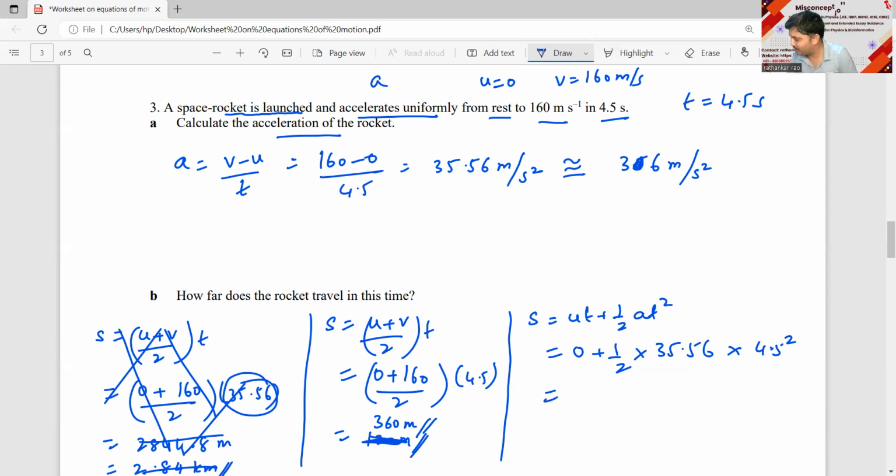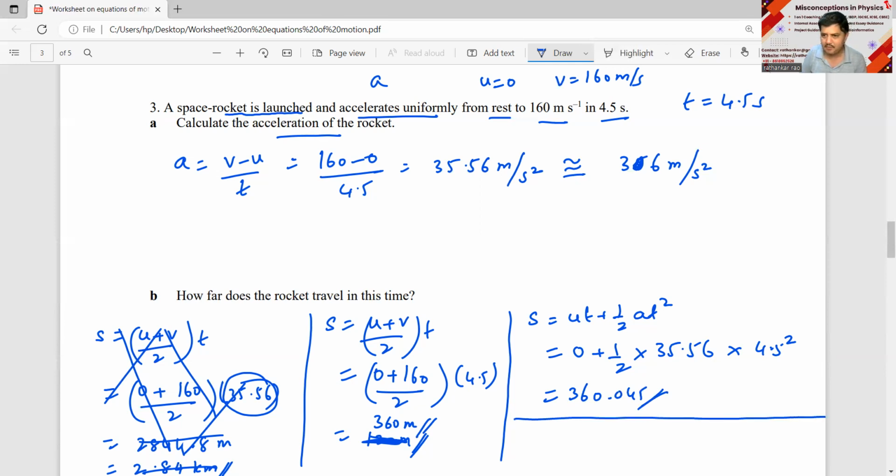So this should now be equal to 35.56 multiplied by 4.5 multiplied by 4.5 square divided by 2. I get the answer as 360.045. Okay, so almost it is 360 meters. Same as this one.